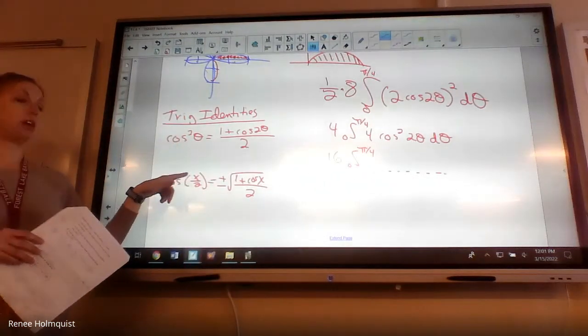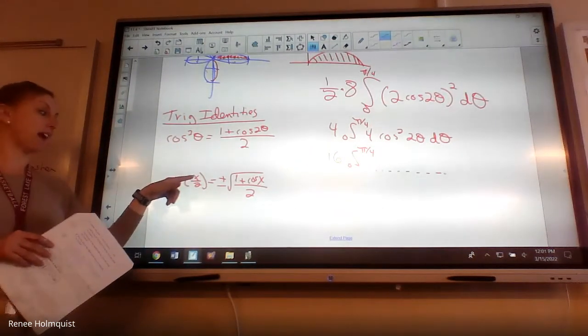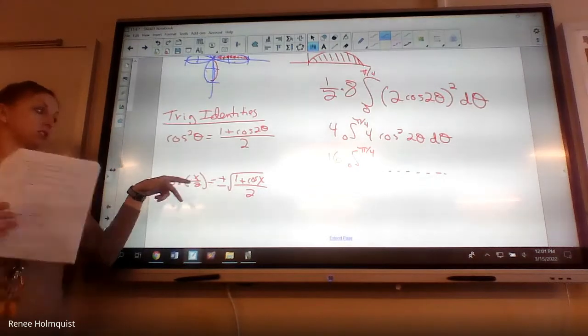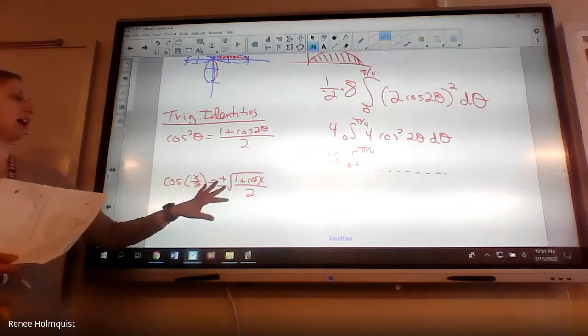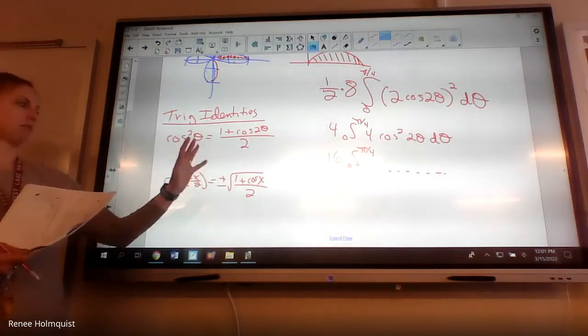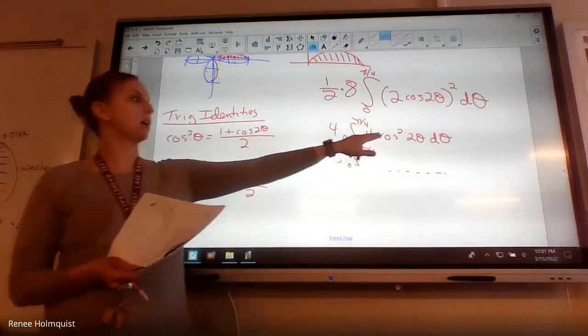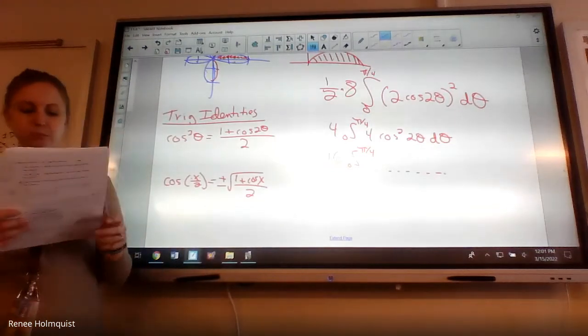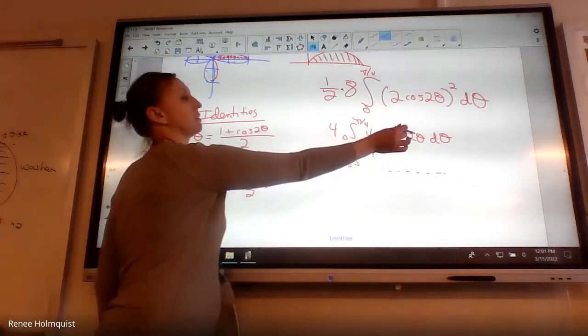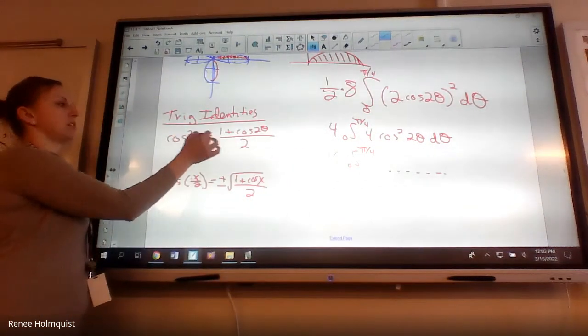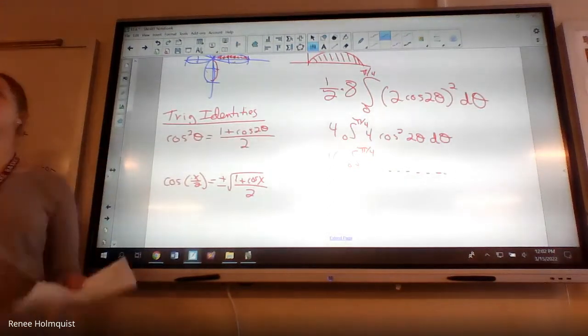When I put 2 theta in for x, it would then just be theta. I don't love that one; this one's easier for me. But when we put in theta, it's really going to be 2 theta because your argument is 2 theta. This argument's theta, so you get a double 2 there is what I'm saying.